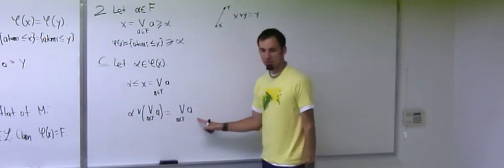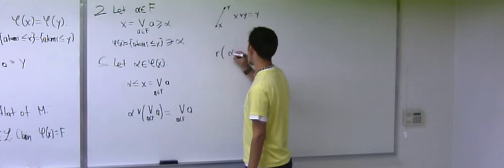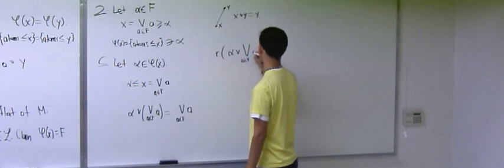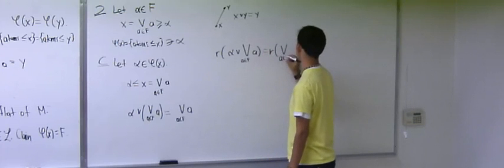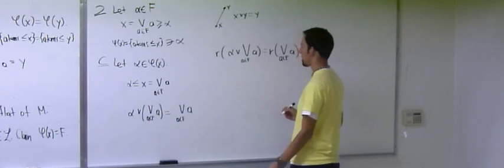And therefore, these are the same element in my lattice L, so they have the same rank. The rank of alpha join this element is equal to the rank of this element. So the same element.